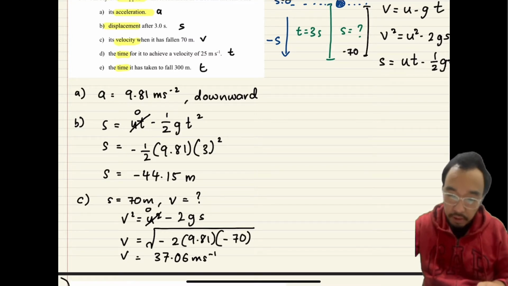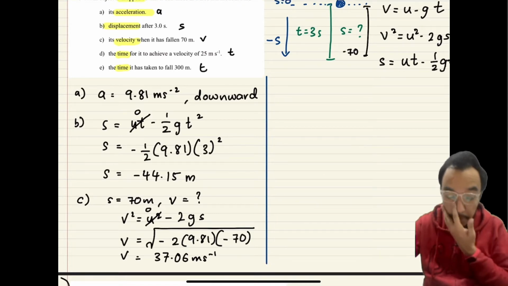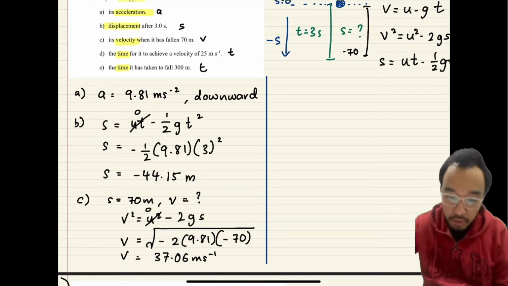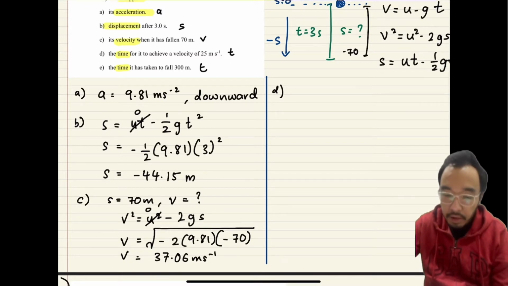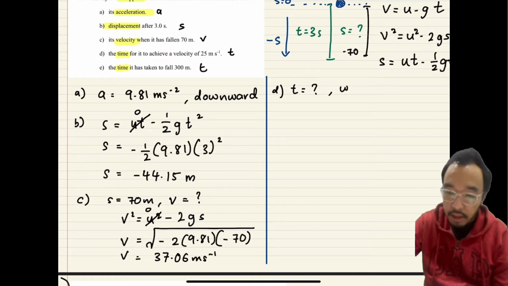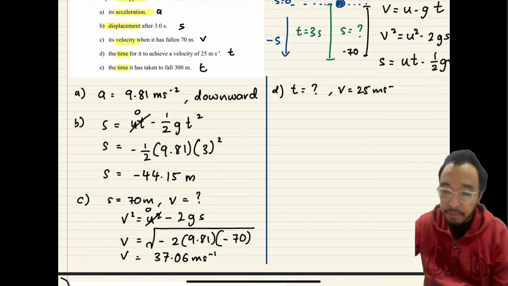Now moving on to the next question. Again, if this one is your exam, make sure you do it on a new page. Question D. The time for it to achieve a velocity of 25 meters per second. So they want you to find time if they say that the final velocity is equal to 25 meters per second.